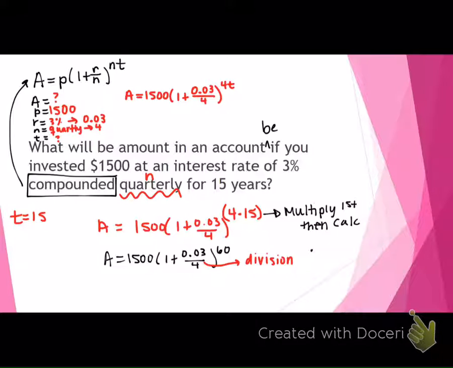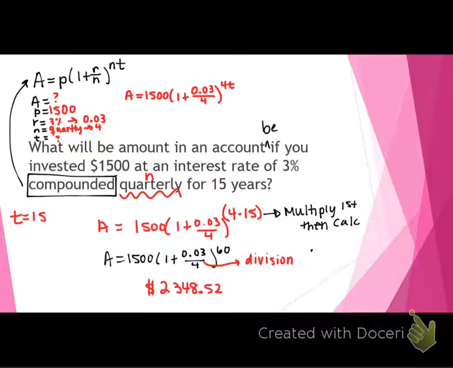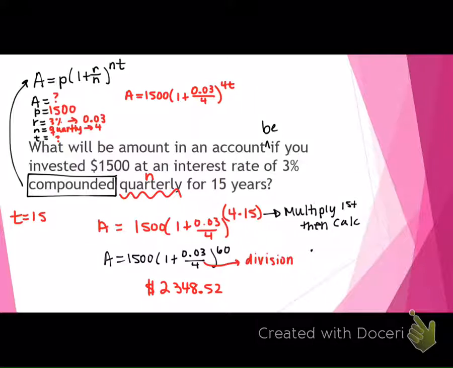So, here is the answer. If you did not get that number there, raise your hand. Okay. So the first thing you need to do is do 0.03 divided by 4 and add 1.